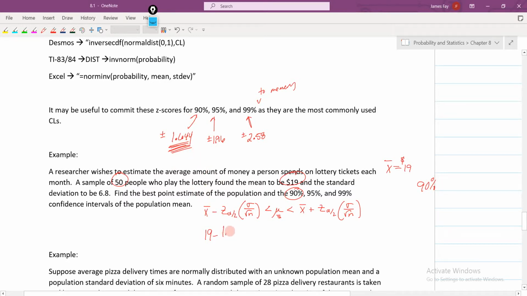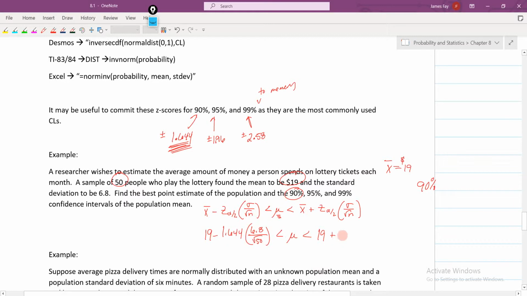So minus 1.644 times the standard deviation, which we said was 6.8, divided by root n, n being the size of my sample, 50 people. Less than mu, less than, now I'm going to do the same thing. X bar is 19, plus essentially this thing right here.